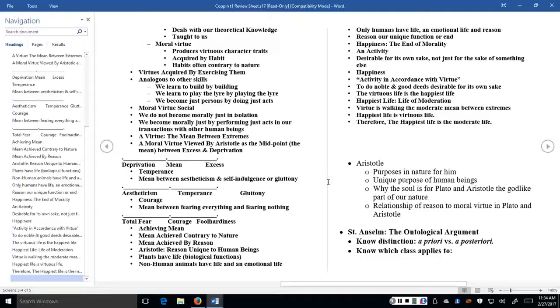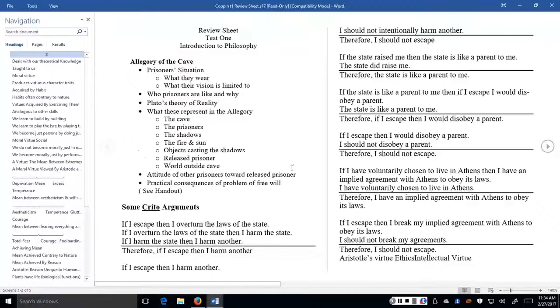So some good comments. Now, let me say a few things. I went through some of the things with a fine-tooth comb. I'm going to go through some of these Crito arguments.